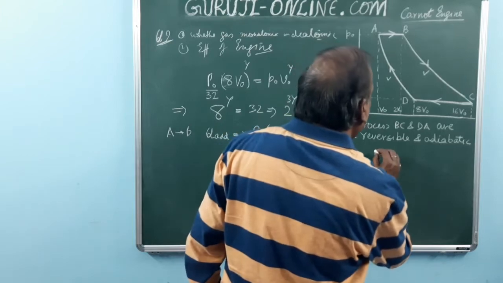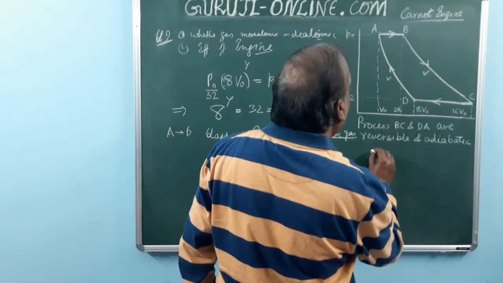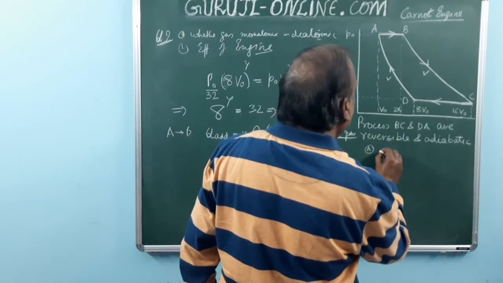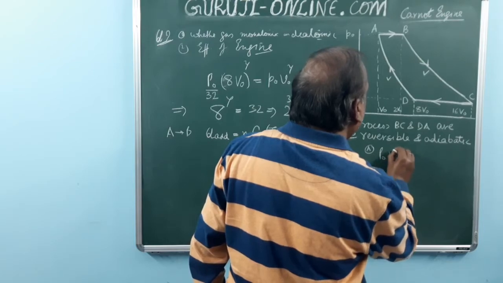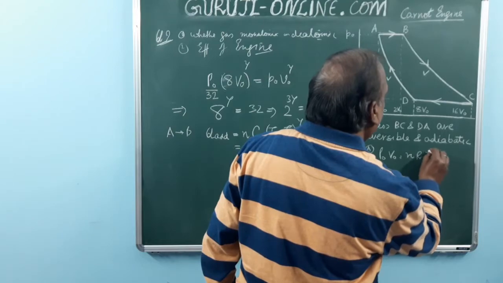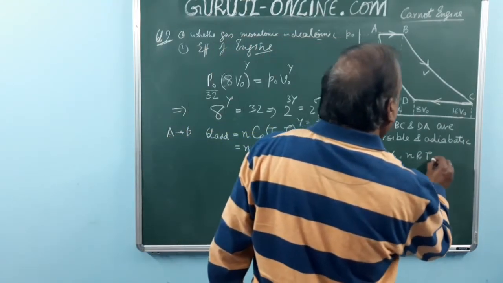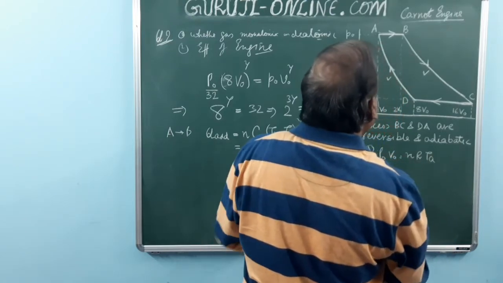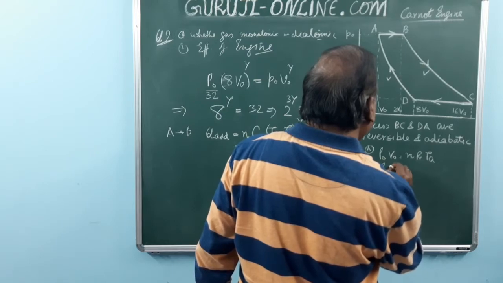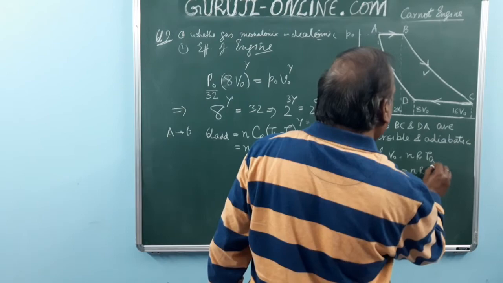For A it is P0 V0 equal to n R TA, and for B, P0 V0 equal to n R TB.